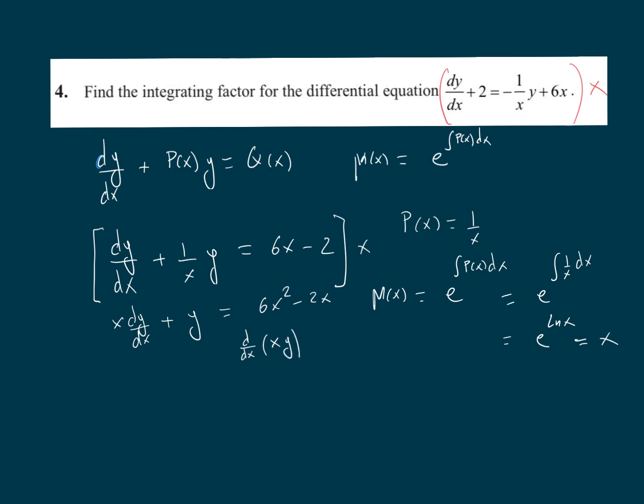I can compress the left side of the equation as the derivative of x by y, because the derivative with respect to x of x by y will be the derivative of the numerator by x, which is 1 by y, plus the derivative of y by x.